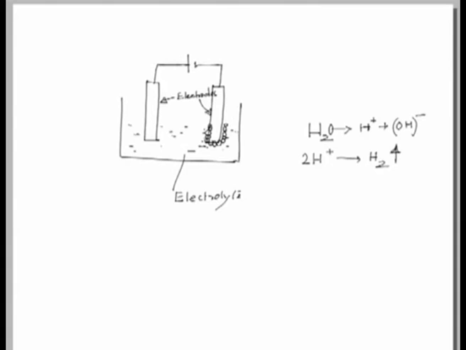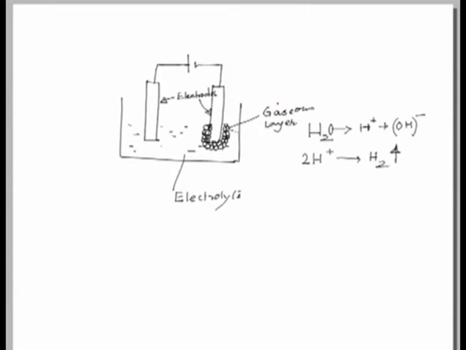The net effect of this layer formation is that this will disconnect the electrical supply to this cathode. In other words, we can say now this cathode is disconnected from this electrolyte through these bubbles of hydrogen, or the gaseous layer.